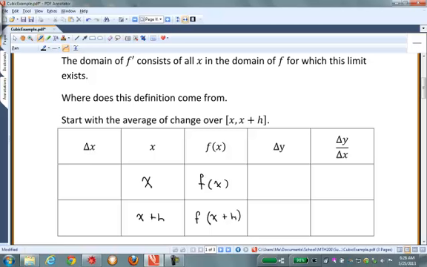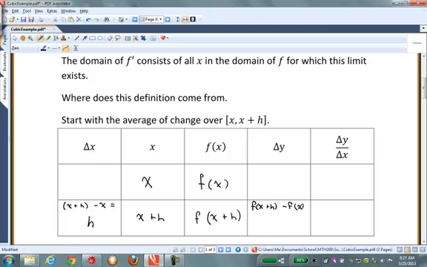The change in x is going to be x plus h minus x, which is equal to h. And that was what the denominator, the change in x, is in the denominator. The change in y is going to be the difference between these y values in the same order, the bottom minus the top, f of x plus h minus f of x.